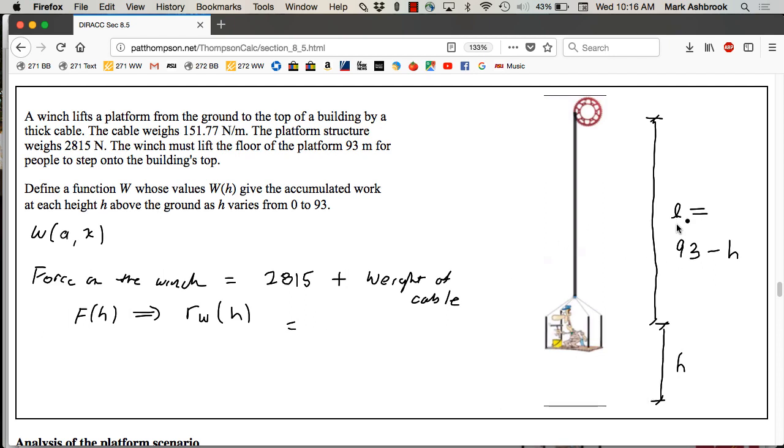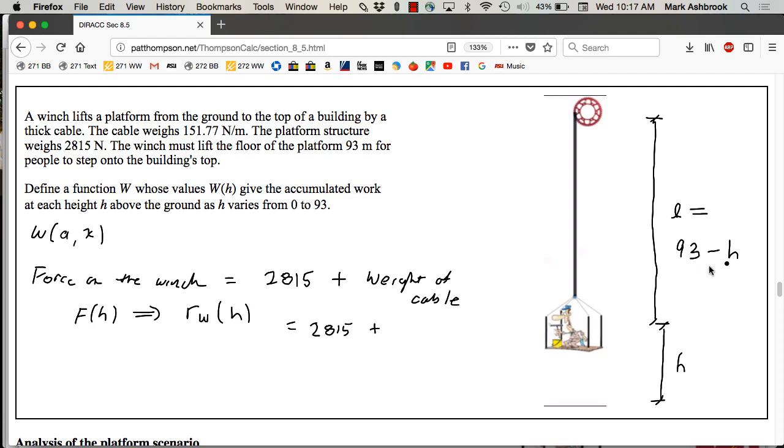The weight of L meters of cable. What's the weight of L meters of cable then? Samantha. What times L? Remember, this is the weight of the platform. You got the right idea, but you want to multiply by the weight of the platform. What do you want to multiply by?